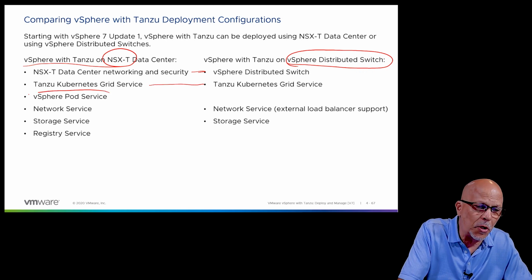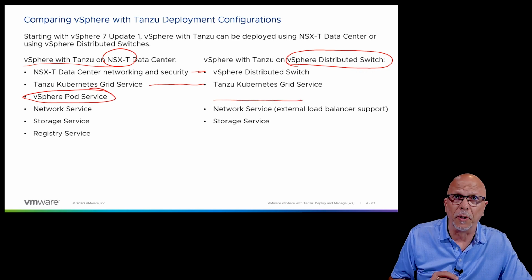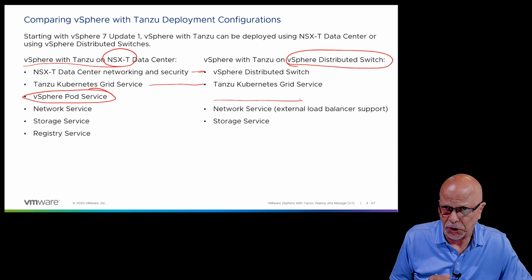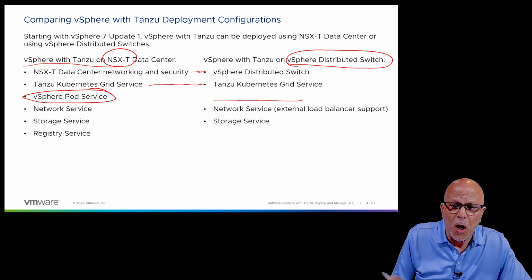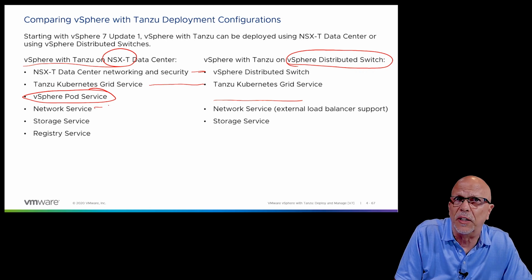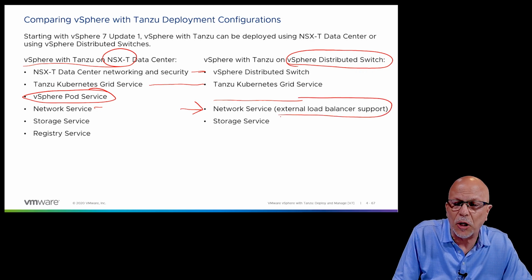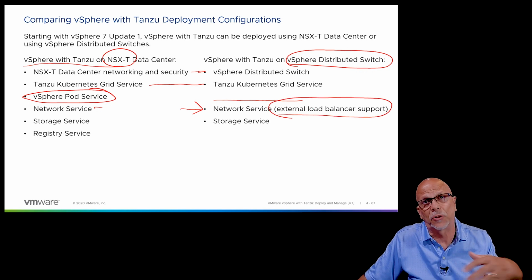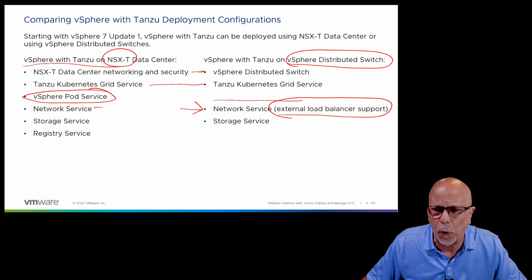However, you'll notice the pod service is absent when we use it with the vSphere distributed switch. For some of us, that might not be a big deal. We still have a network service. However, with the distributed switch, we've got to use something else for our external load balancer. Don't worry, we're going to provide it for you.